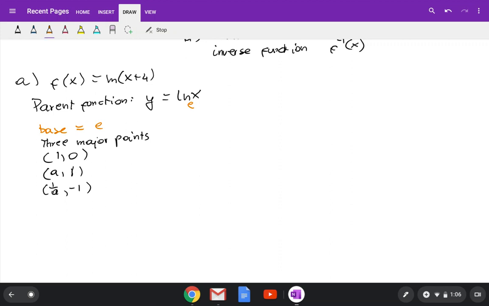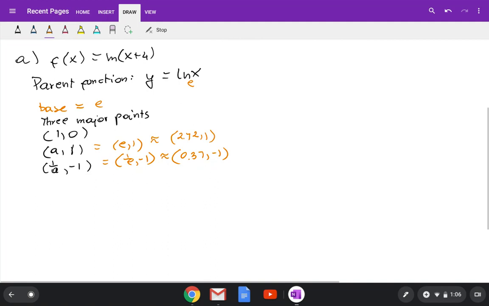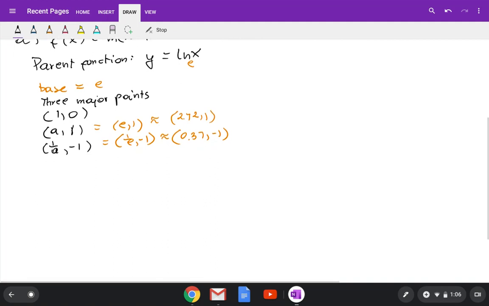So in our case, we're going to have e comma 1, and 1 over e comma negative 1. Since you need to graph it by hand, let's just estimate that e is about 2.72, and 1 over e is about 0.37. Let's graph this one, which we graphed in the previous lecture.